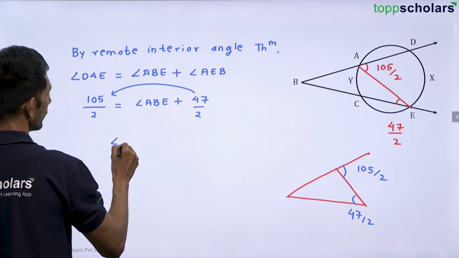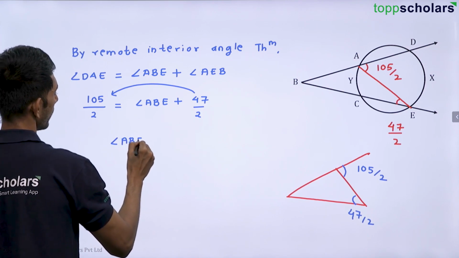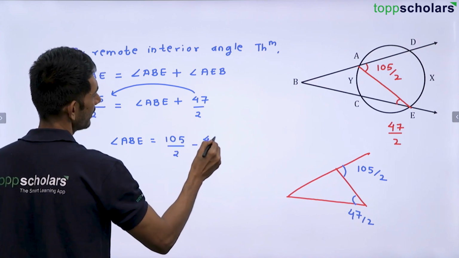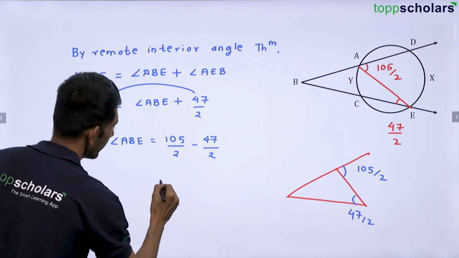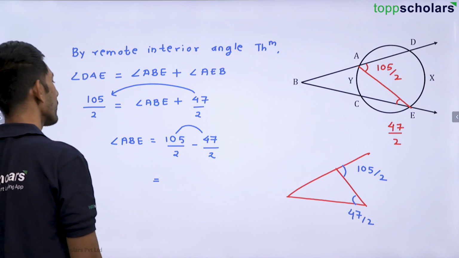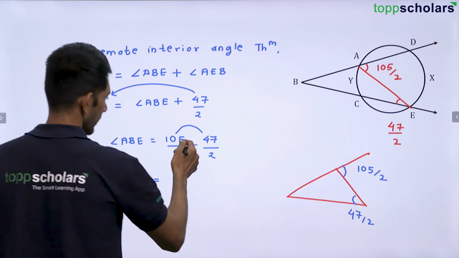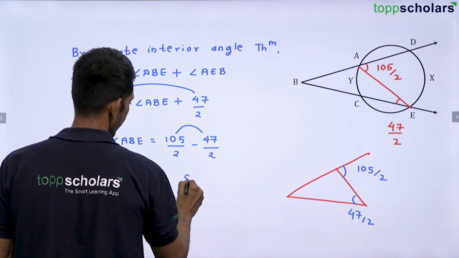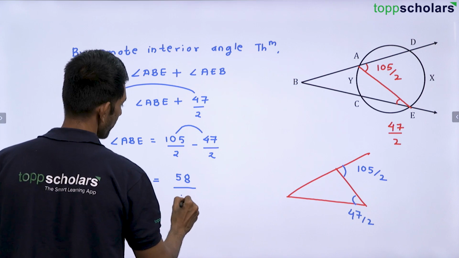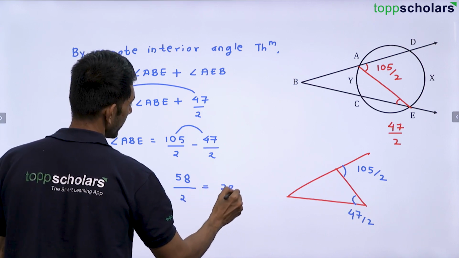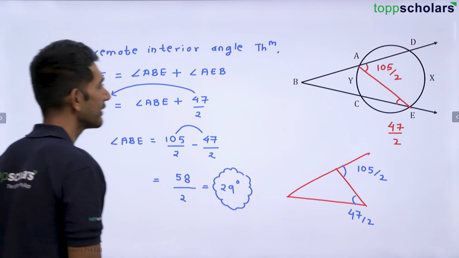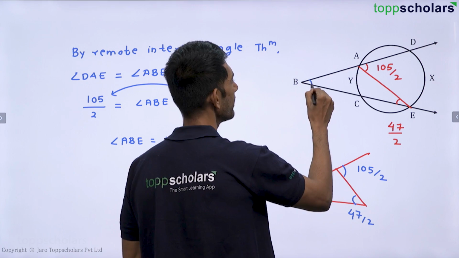So that gives you ABE is equal to 105 by 2 minus 47 by 2, correct? So that is 105 minus 47. How much is 105 minus 47? So this is 58, and 58 by 2 gives you 29 degrees. 29 degrees is the final answer to find out the measure of angle ABE.